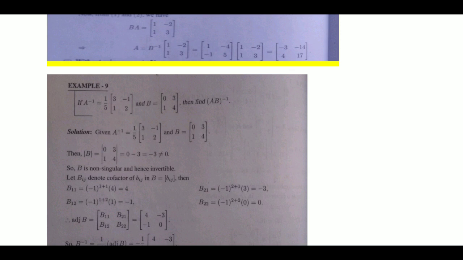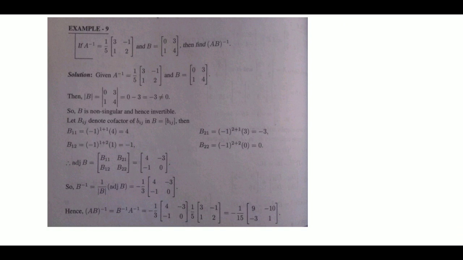Here A inverse is already given, so we have to find B inverse. So we take the elements of B, its determinant value, that is 0 minus 3. So that is minus 3, which is not 0. It means B is invertible.